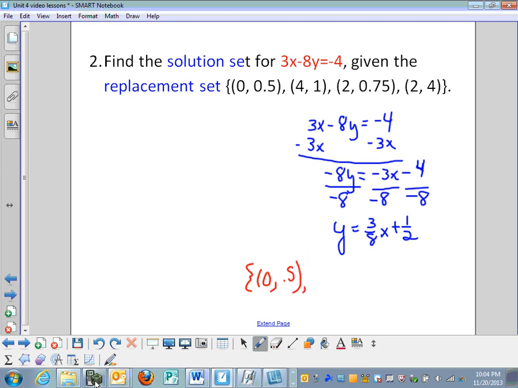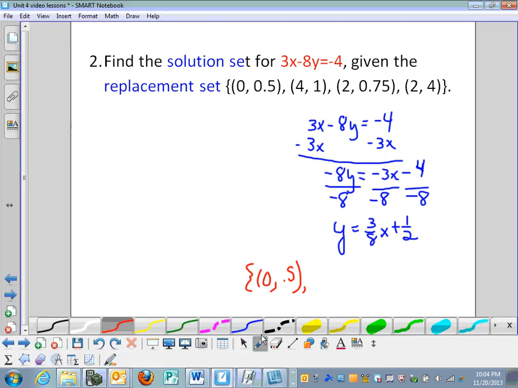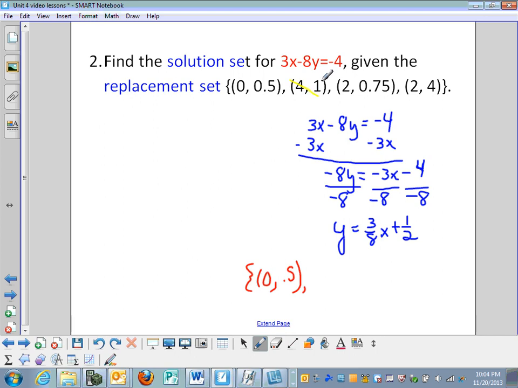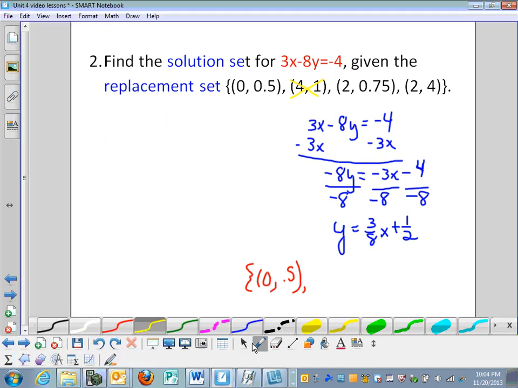Let's check the next point. When x is 4, y is 2, so (4, 2) is a solution, not (4, 1). So we're not going to include that in our solution set. Going back to my calculator, I'm going to type in 2. I get 1.25, not 0.75, so that one's not part of my solution set.